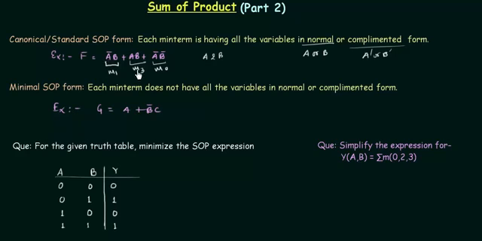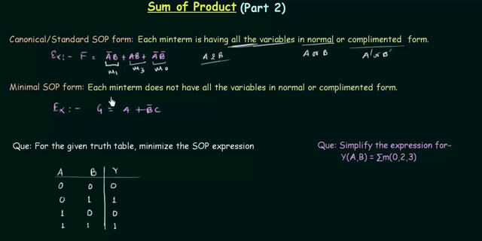In M3 I have a and b in normal forms, and in M0 both a and b are in complemented form. So definitely it satisfied our requirement that each minterm must have all the variables in normal or complemented form, and here in all the minterms we have a, b in normal or complemented form. So this is all about the canonical or standard SOP form.